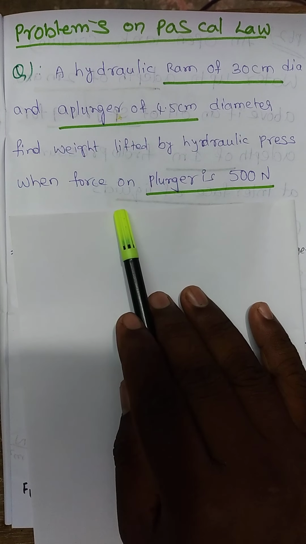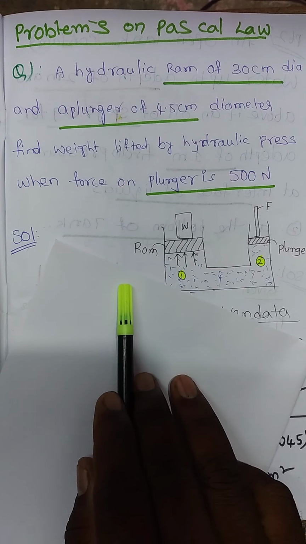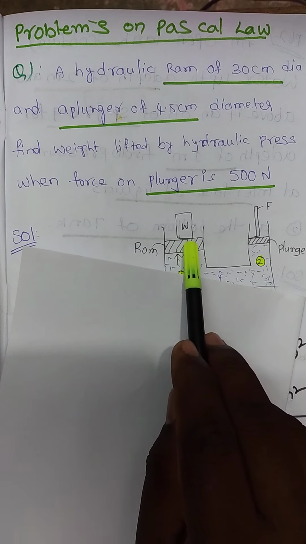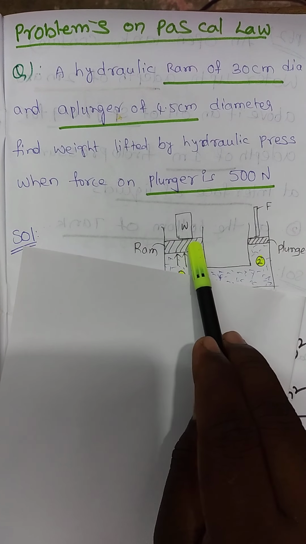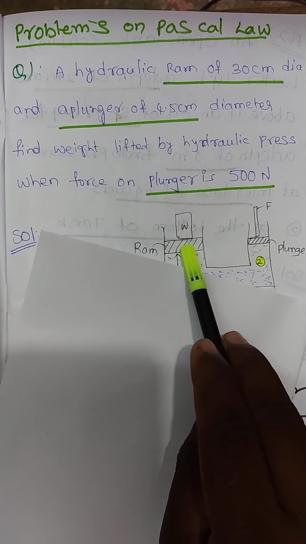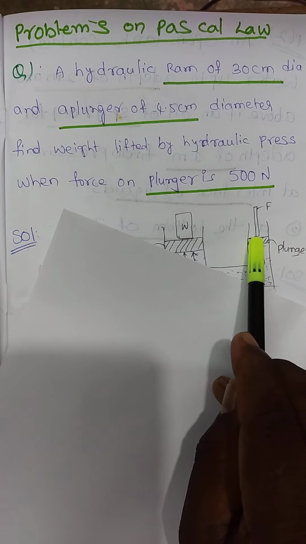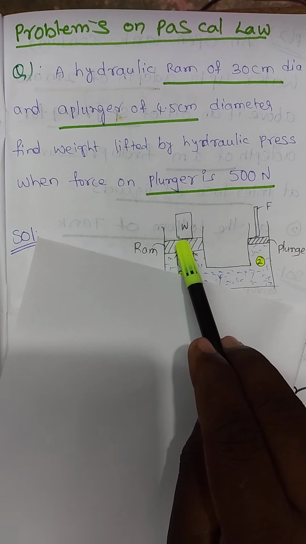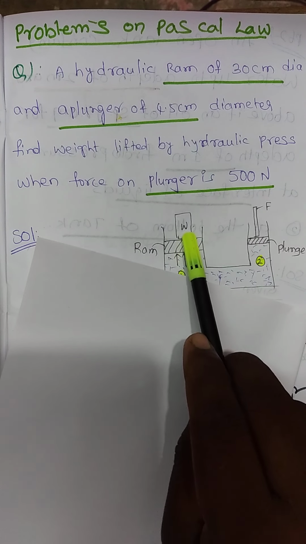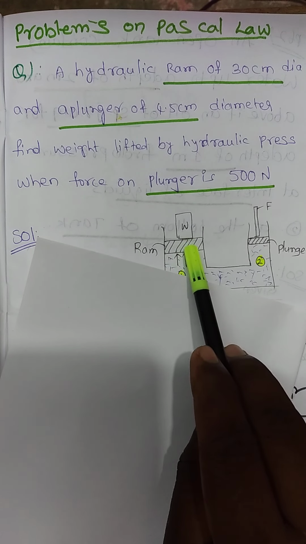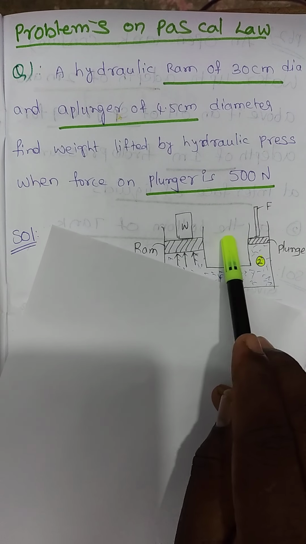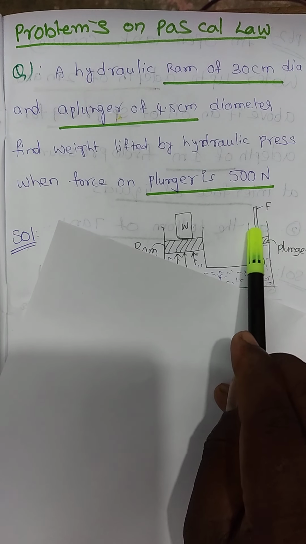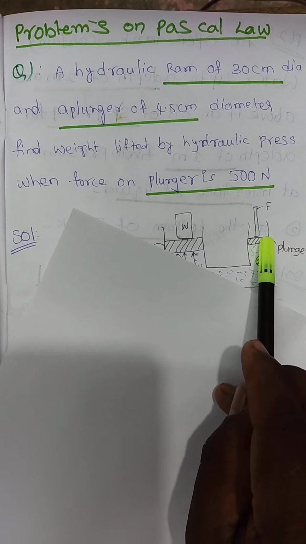Coming to the problem, there is a hydraulic ram of 30 centimeter diameter and a plunger of 4.5 centimeter diameter. It's very small. What he is asking is, how much weight can we lift by a hydraulic press when the force applied on the plunger is 500?